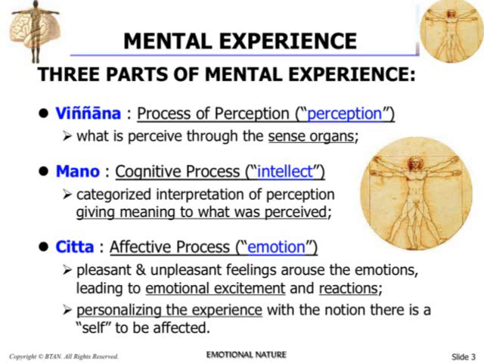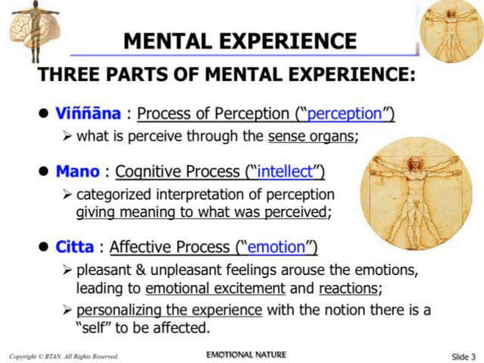So this process is resulting in the process of perception called vijnana. And a more accurate scientific term to describe vijnana is perception, not really consciousness. In fact, consciousness is the combination of all 3 parts of mental experience. So vijnana is just one of the 3 parts.